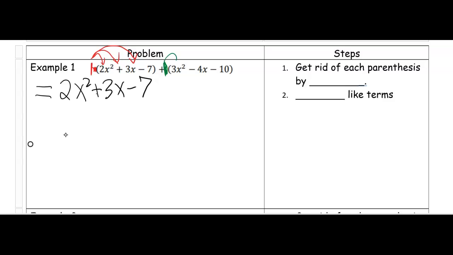And we know positive 1 times whatever is whatever themselves. So you can just take the inside out, plus 3x squared minus 4x minus 10. So we are done with the first step, getting rid of the parentheses by distribution.